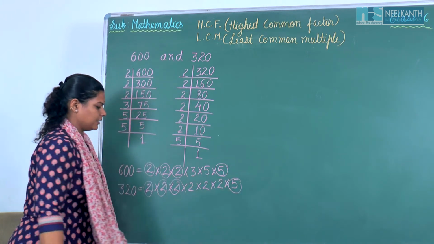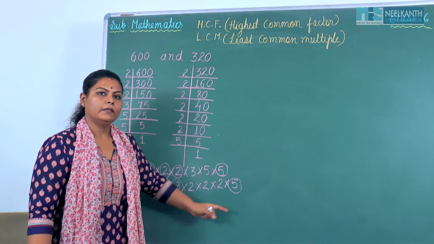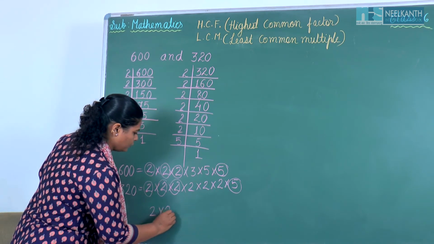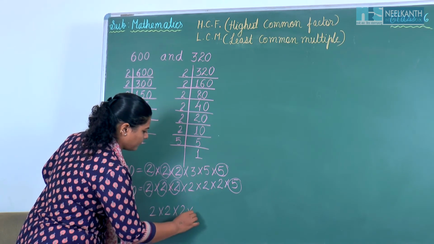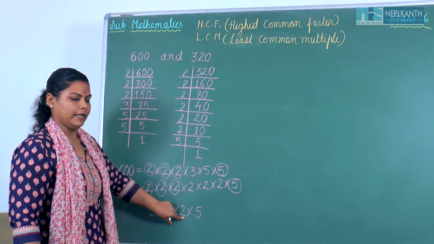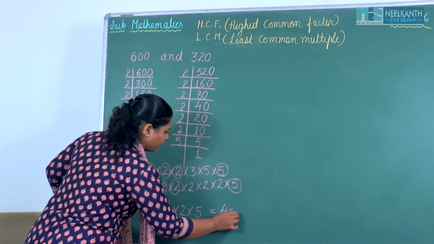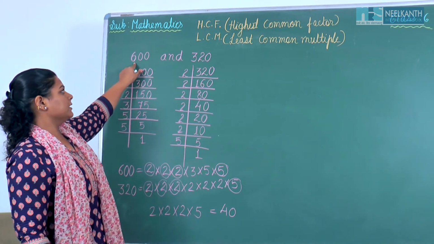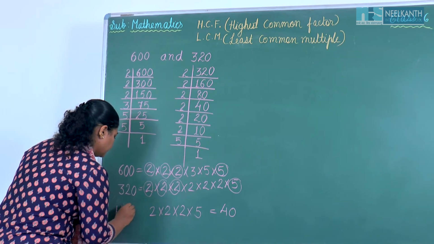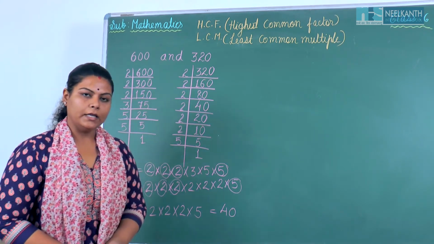We can see here three 2s and one 5 are common, so 2 multiplied by 2 multiplied by 2 multiplied by 5: 2 twos are 4, 4 twos are 8, 8 fives are 40. So 40 is the HCF of the given two numbers, 600 and 320. This way we can find the highest common factor of any numbers.